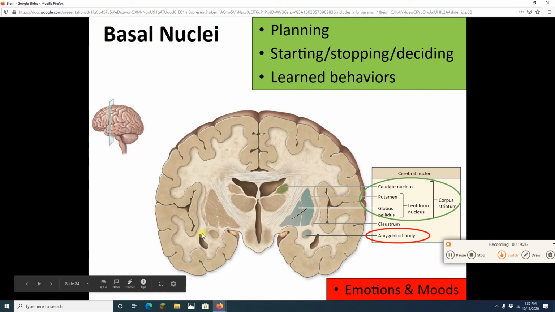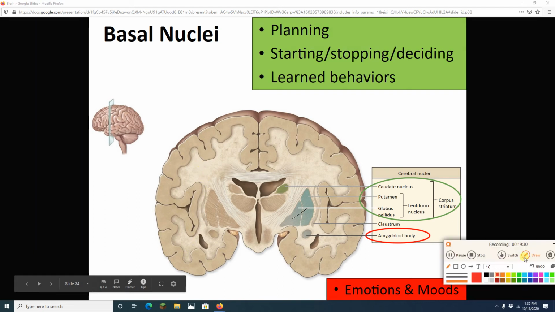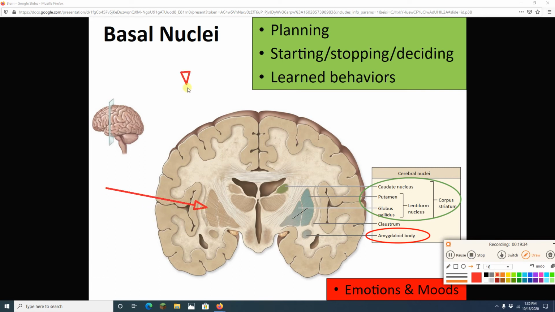Then we had white matter, which is myelinated axons. But then there are other regions of gray matter that are deep to the cortex. And these other regions of gray matter that are deep to the cortex are known as basal nuclei. Basal because they're deep.